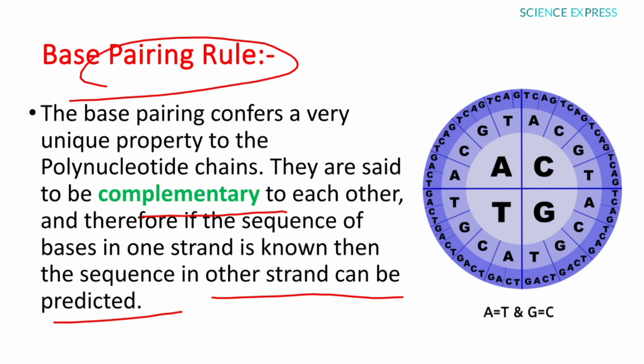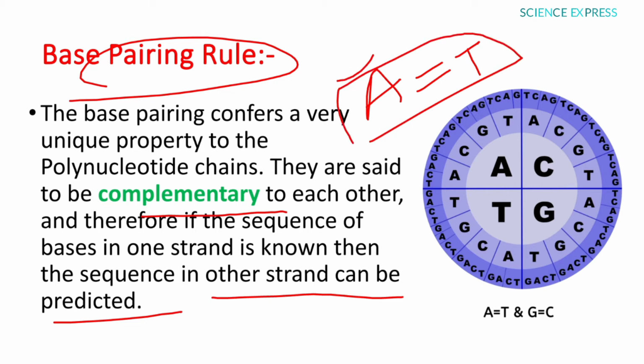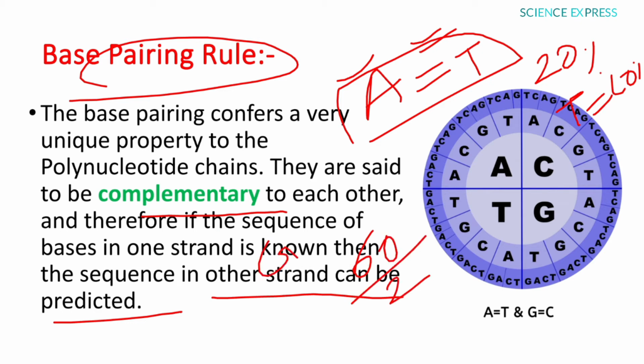In a chain, the number of A, that means adenine, equals the number of T. Suppose A is 20%, so T will automatically be 20%. And the remaining 60% will be divided among G and C, so G will be 30% and C will be 30%.